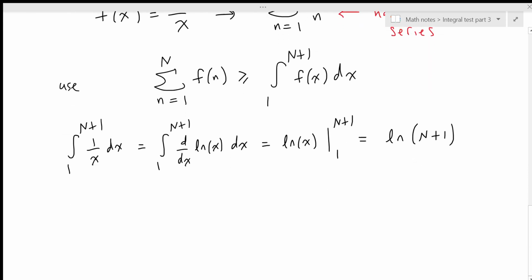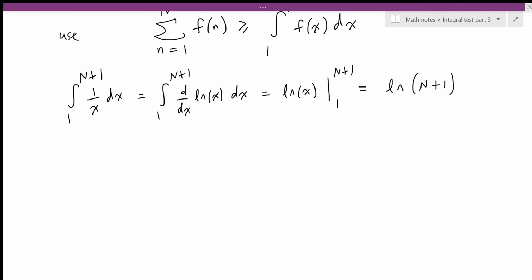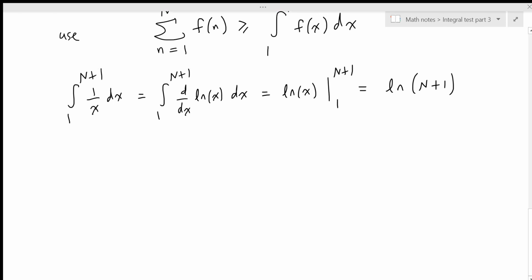Now, the key point here is that if we take the limit as capital N goes to infinity of log of N plus 1, it blows up and we get infinity.